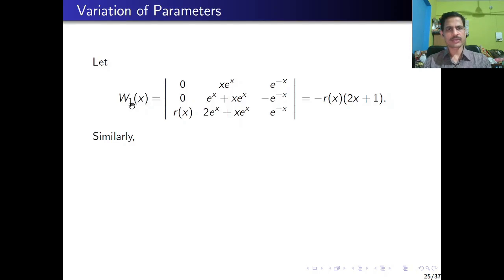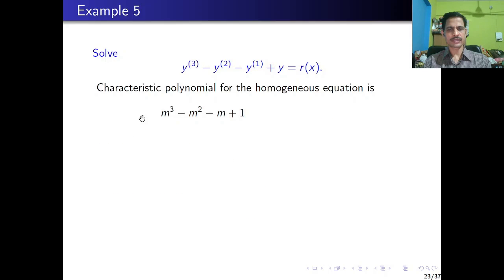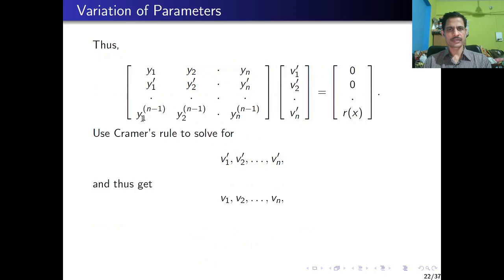Why did we calculate W1(x)? Because in Cramer's rule, when you want to calculate v1 prime, its expression is given by W1(x) divided by W(x). Look at this.